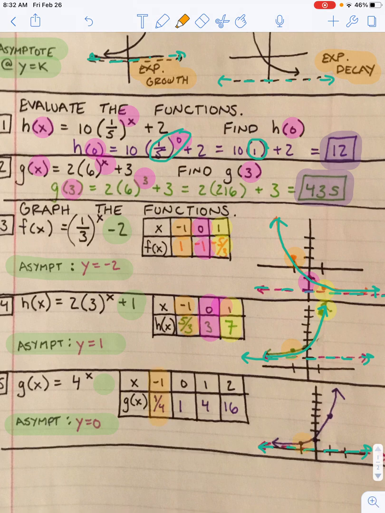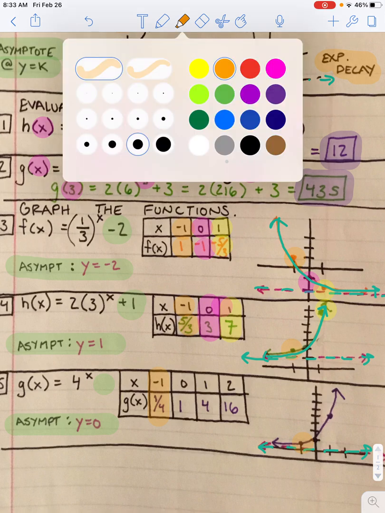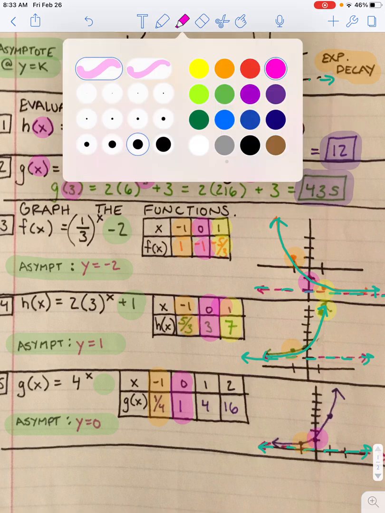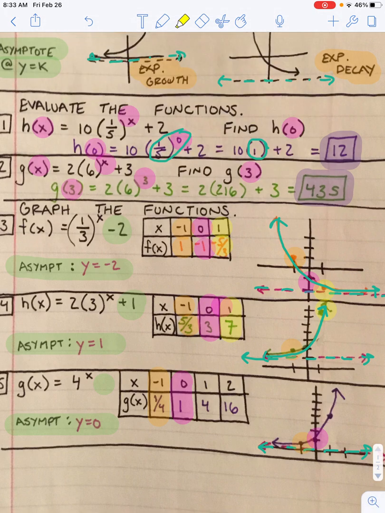Negative 1 and 1/4. Now when we plug into the 0, remember anything raised to the 0 power is just 1. So 4 to the 0 is just 1. So I plot 0 and 1. Now if I plug in 1, 4 to the first is just 4. So I plot 1 and 4.